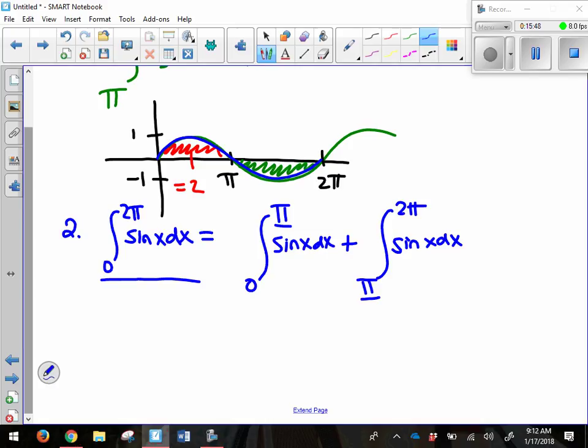So what's the integral from 0 to pi of sine x dx? 2. And from pi to 2 pi of sine x dx? -2, so my area is 0 because I have the same amount of area above and below, and they cancel each other out.